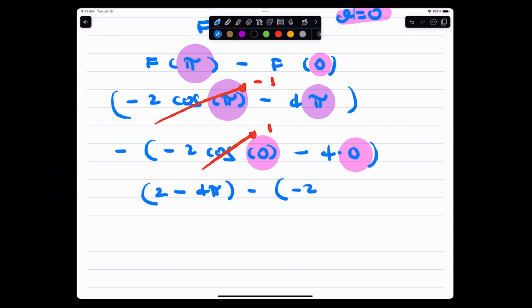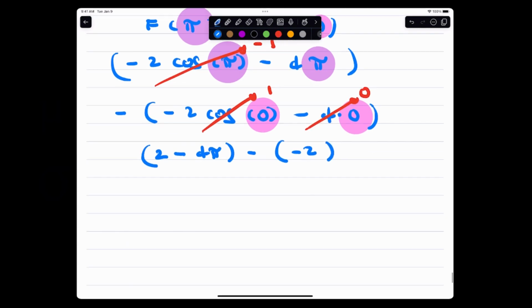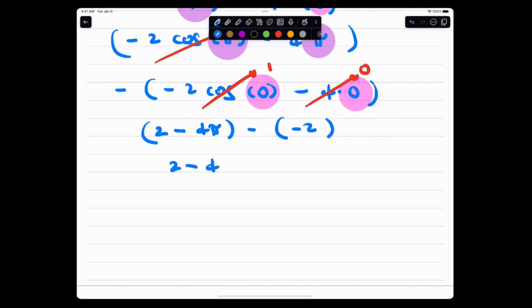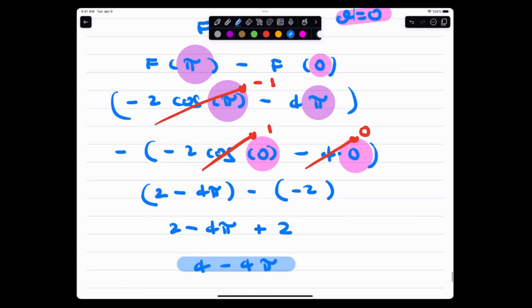It's just negative 2 because this portion is 0. So I always keep these parentheses until the last second because I find it to be helpful. 4 minus 4 pi. Okay, you guys okay with that one? Easy peasy lemon squeezy? What do you guys think? Is that okay?